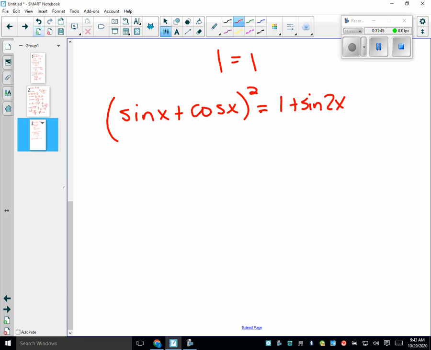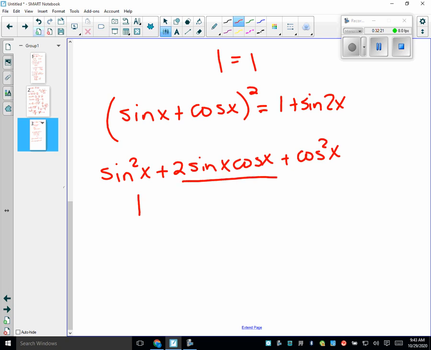So you're going to get sine squared x plus 2 sine x cosine x plus cosine squared x. Do you all agree with her? Yeah. Yes. You remember to foil and not just... Oh, so you get sine squared x plus cosine squared x equals 1, and then the 2 sine x cosine x. Always look for sine squared x plus cosine squared x. Do you see that that's 1? What is 2 sine cosine? That's the sine squared x.